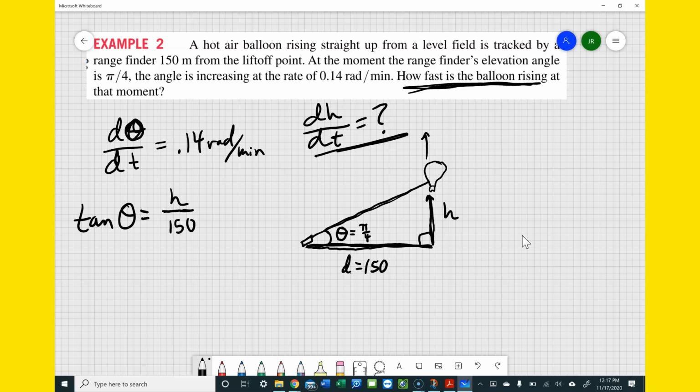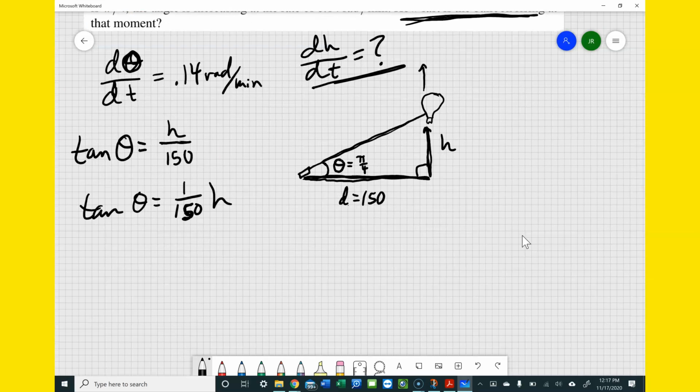I don't think I can do anything else to that. So let me go with it and see what happens. I will rewrite it like this because it makes the derivative a little bit more obvious on the right side.